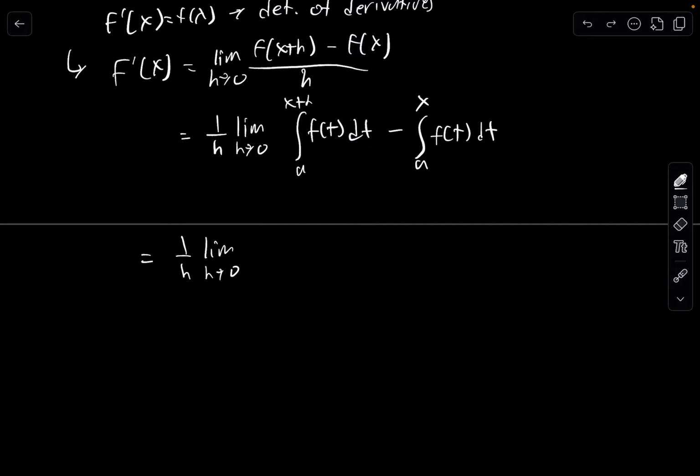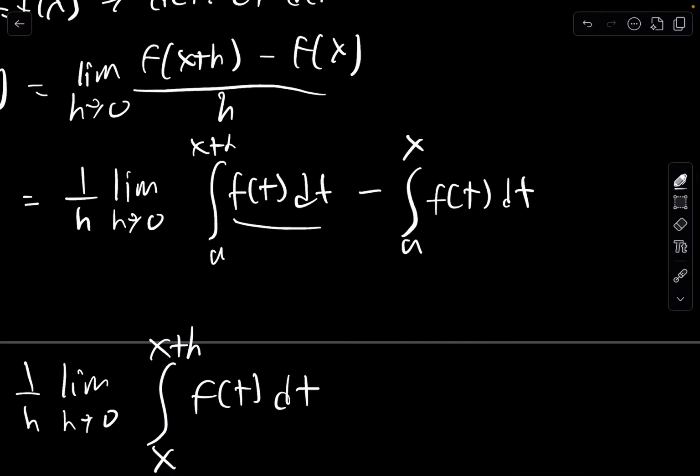So this is really just 1 over h times the limit as h goes to 0 of the integral from x to x plus h of f of t dt. Hopefully you guys see what happened there, because this is just a bigger distance away.